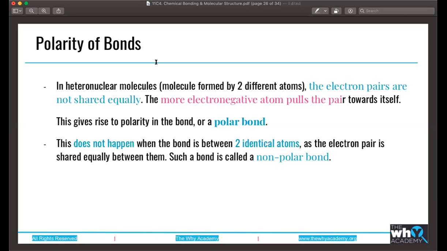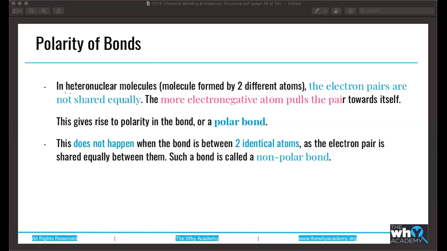In covalent bonds, because electrons are being shared between two atoms, there is going to be some amount of polarity between the two atoms. Let's see where this polarity is coming from. Another main thing about polarity of bonds is that you will see this exclusively in heteronuclear molecules.